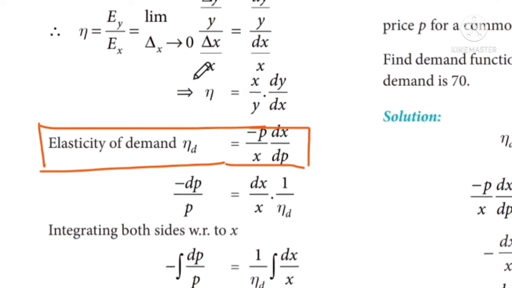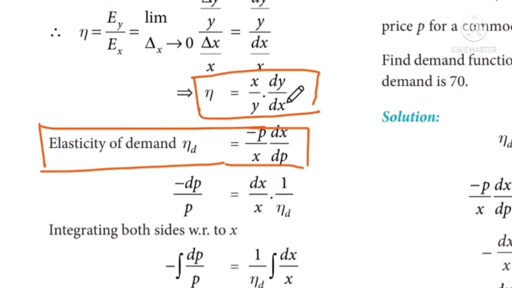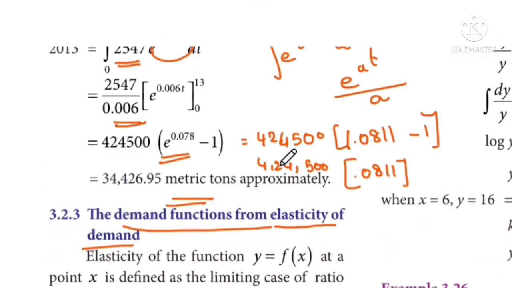If they just ask you to find the elasticity, the formula is X by Y dy by dx. If nothing is mentioned, whether demand or supply, just the elasticity of the function, it is X by Y dy by dx. Elasticity of supply has no minus sign: P by X dx by dP.